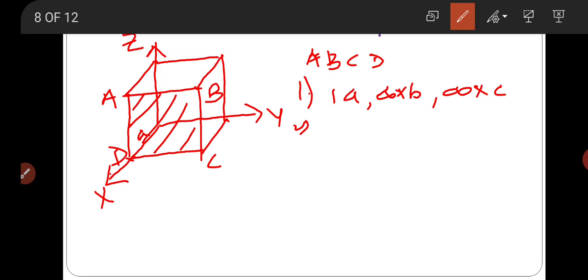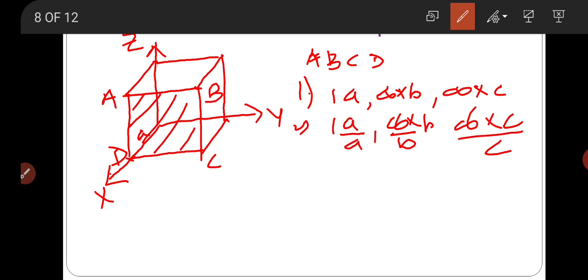So we have 1a by a, then infinity b by b, then infinity c by c. So we have the numbers 1, infinity, infinity.